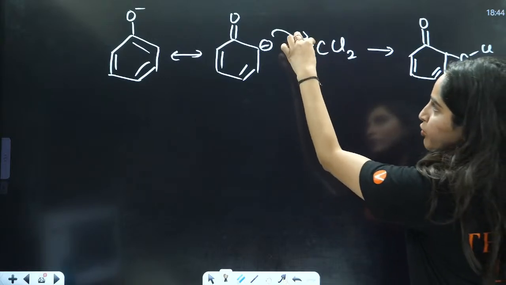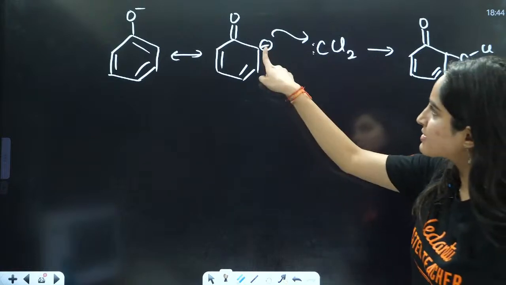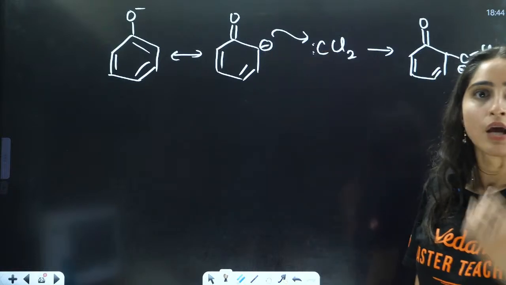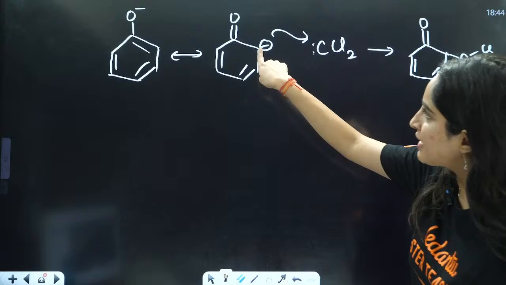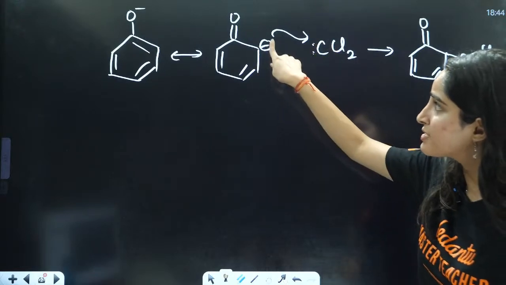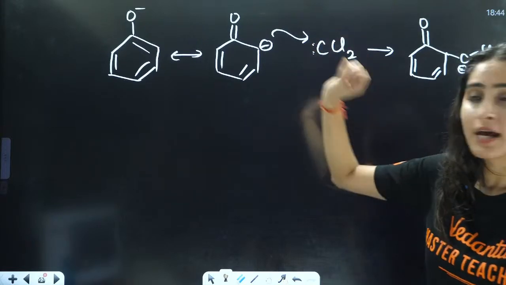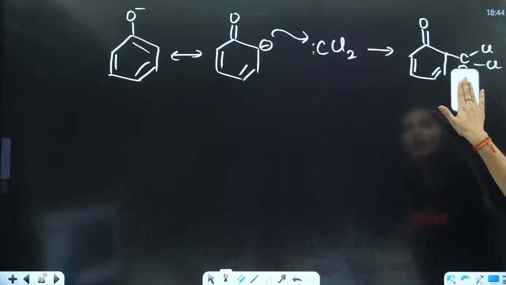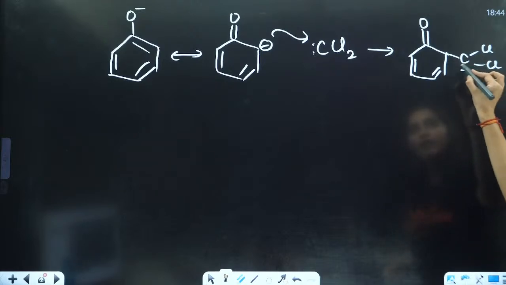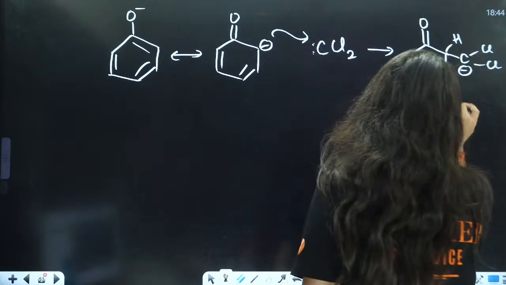Because of these two electrons here. Here also it is negative, here also it is 2 electrons. The bond is going to form between this carbon and this carbon because of this negative charge. Now you are still left with 2 electrons. That is why you have a negative charge over here, and here you have hydrogen. Now what will happen?